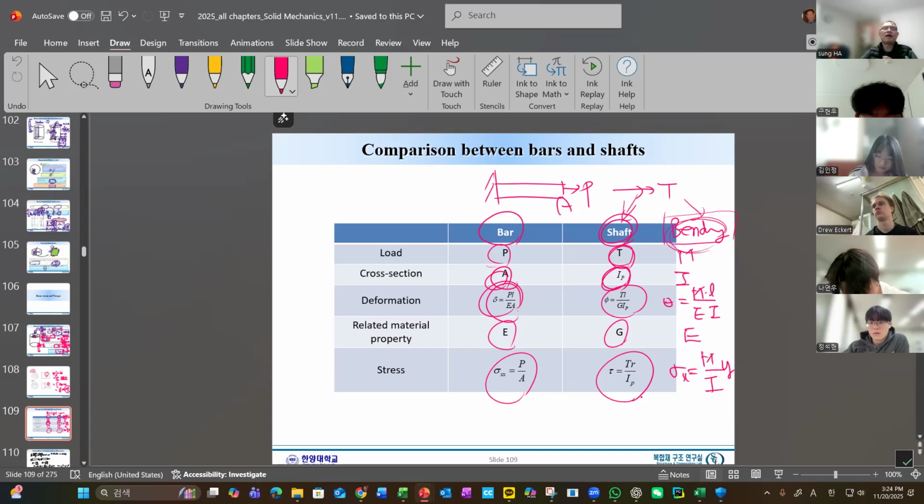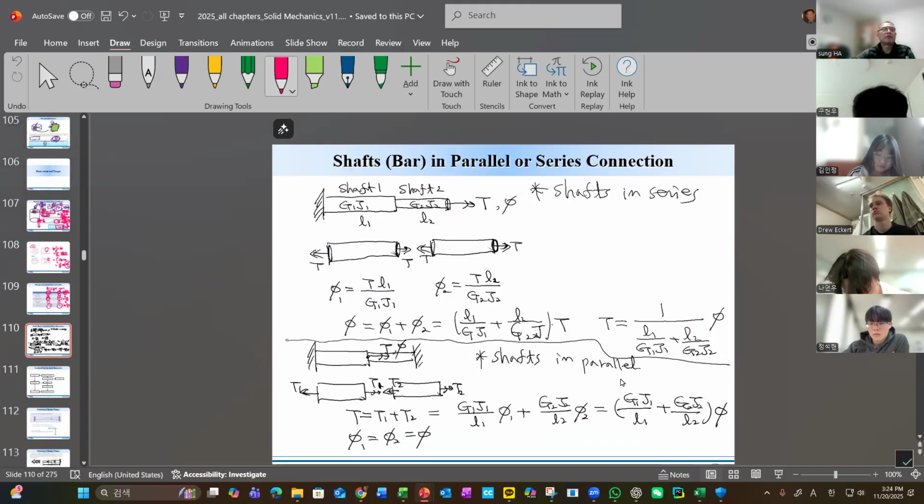Understanding bending will help us to understand the shaft, and also the bar, same thing. So all three concepts in a row, together, help us understand structures in a more general sense, rather than one subject separately. That's the whole point, and a very important point I'd like to mention.